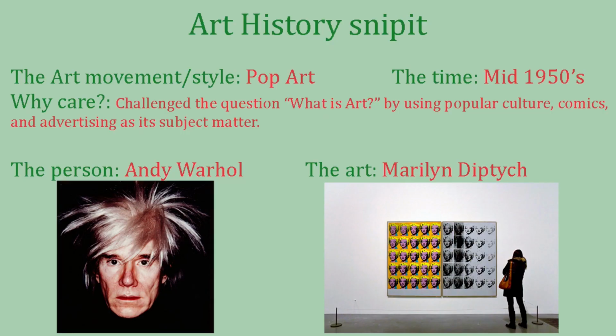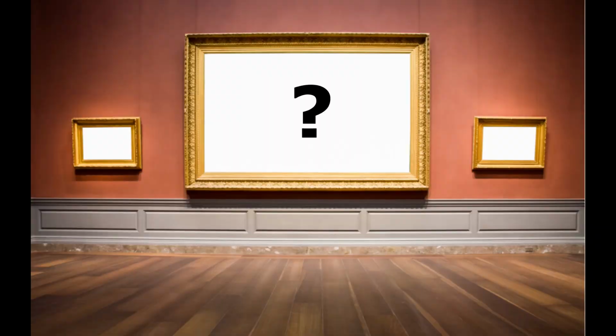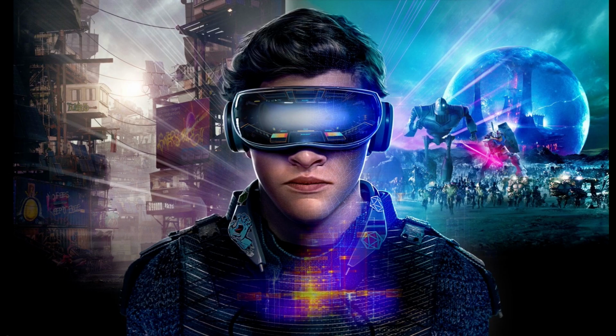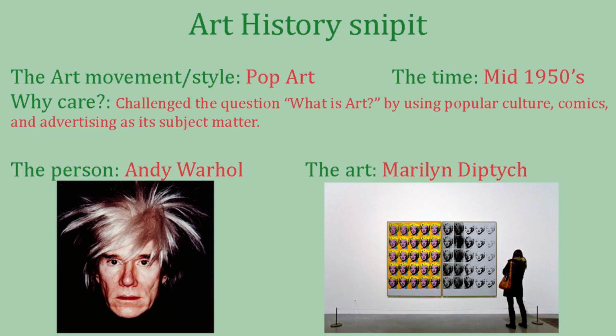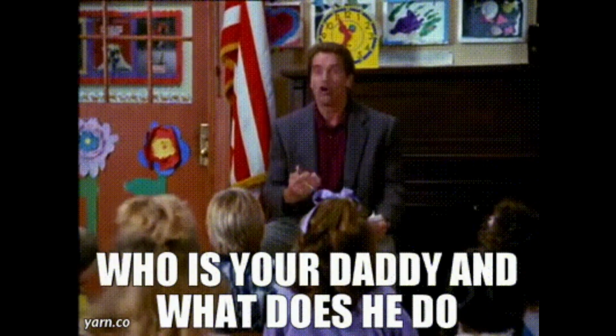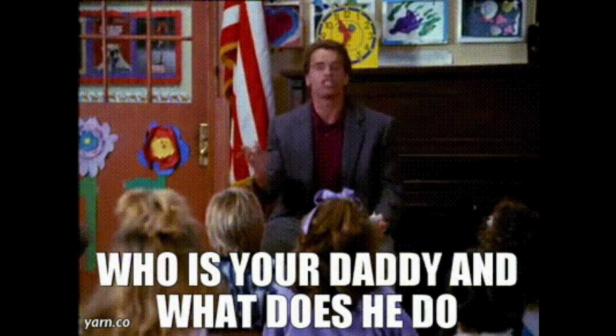So in the mid 1950s, the pop art style challenged the question of what is art, going beyond the fine art styles and subject matter, and started incorporating things from popular culture, comics, and advertising within its subject matter. Without the pop art movement, we might not necessarily have digital art being considered an art class.